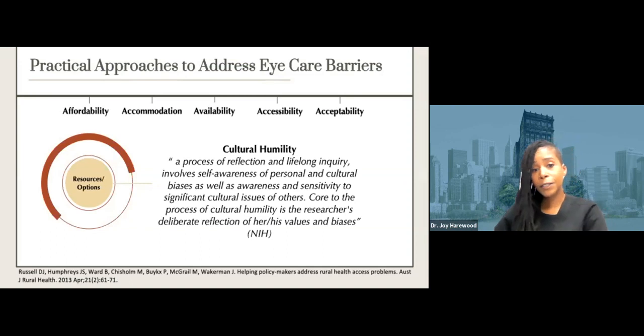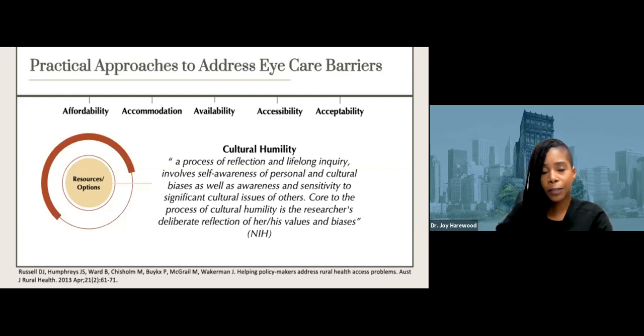So one thing that people often talk about is cultural competence. And cultural competence means the ability to relate and to provide care in a way that respects other people's culture. In terms of people who do diversity and inclusion, and even the general population, people are moving more from cultural competence to something called cultural humility.